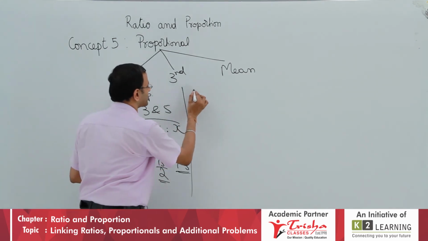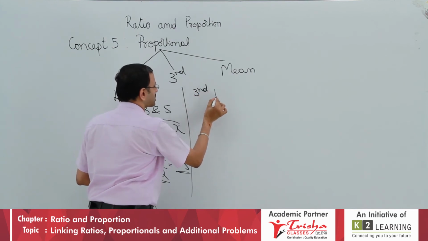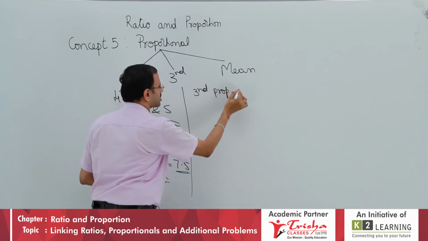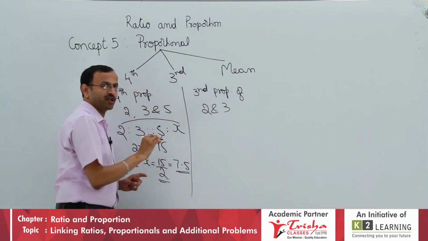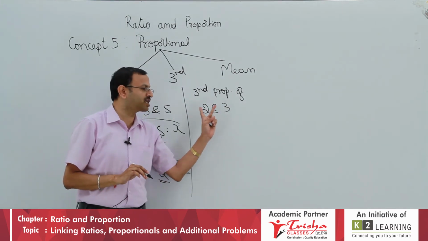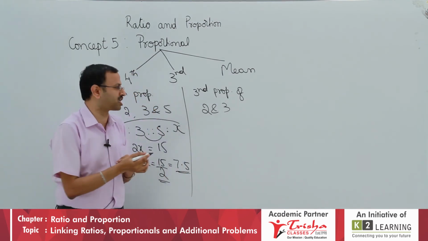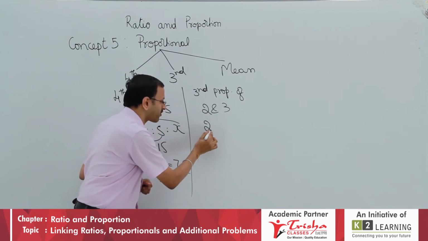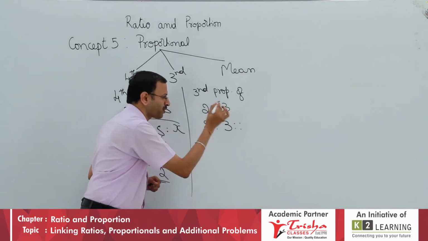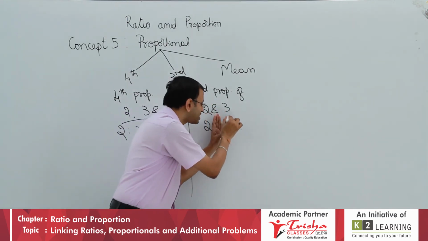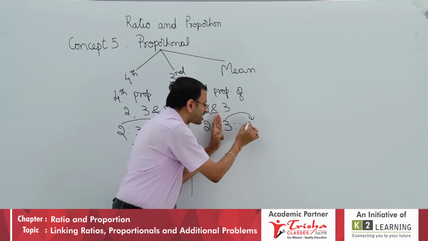Next, what is the 3rd proportional? The question will come like this: 3rd proportional of 2 and 3. They will give only 2 numbers and they expect you to find the 3rd proportional. Your framing of the proportion will be 2 is to 3 as 3 is to, the second number repeats again, so I write 3 again.